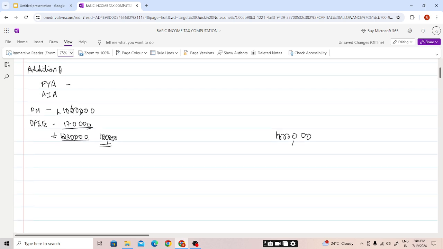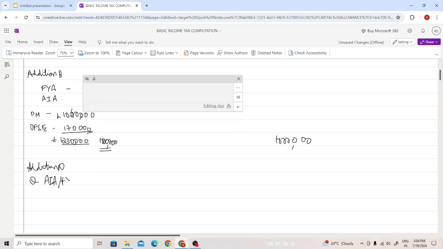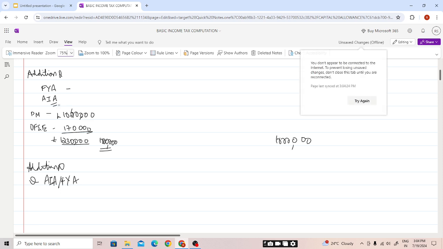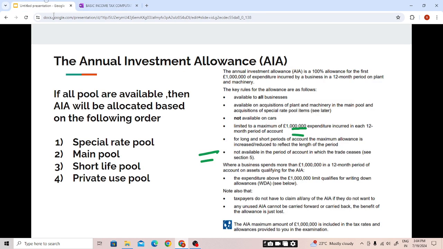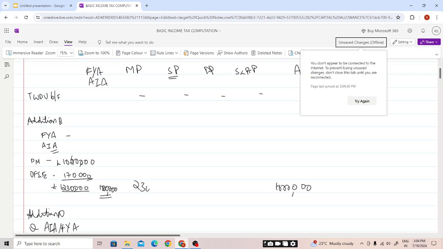Now students, additions not qualifying for AIA and FIA. So we have seen the addition of this is, students, 230 will not qualify, this will qualify, but the excess will be transferred to the main pool, as on the excess we can calculate WDA, and these assets relate to the main pool.